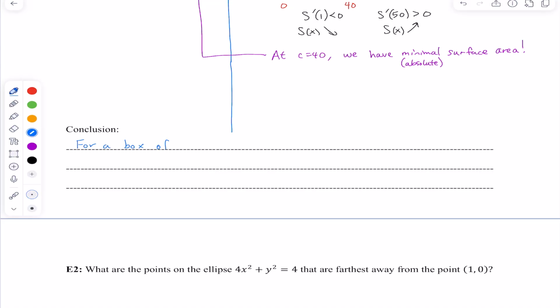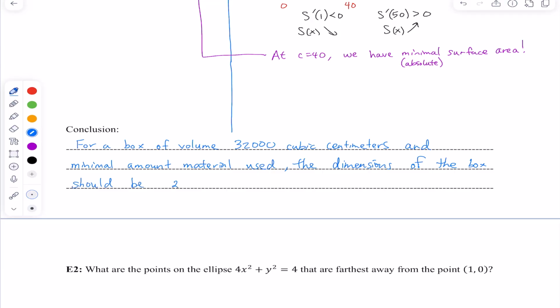For a box of volume 32,000 cubic centimeters, and minimal amount of material used, the dimensions of the box should be 20.